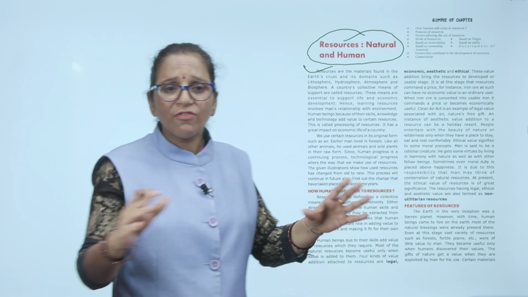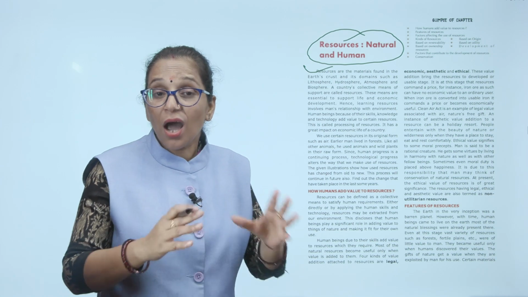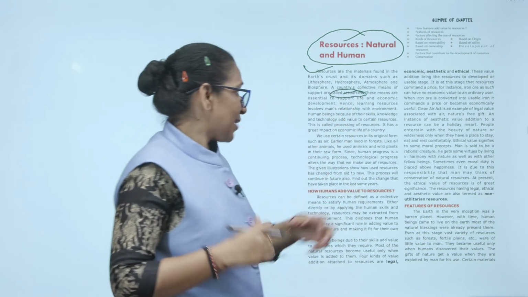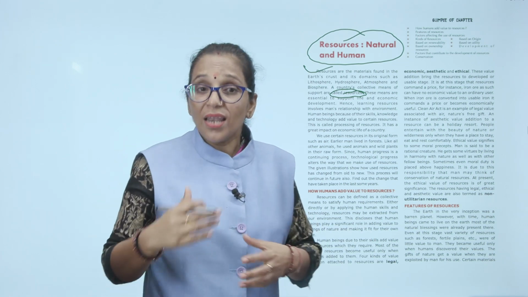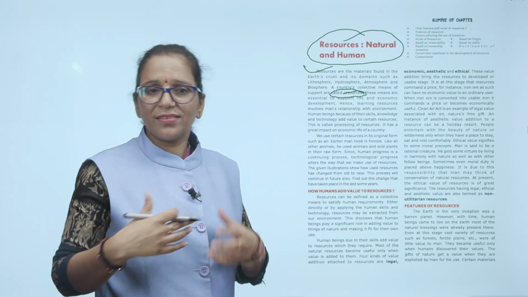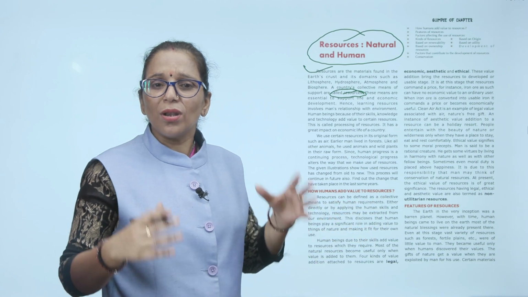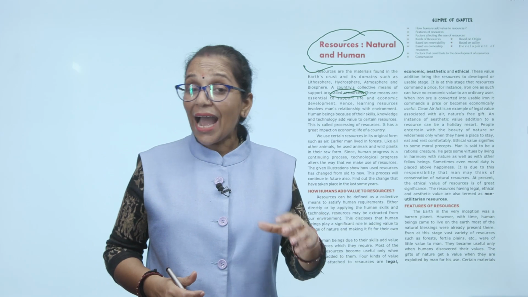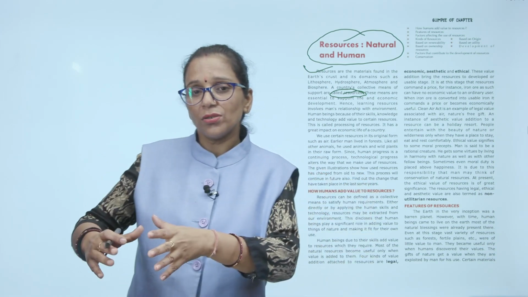A country's collective means of support are called resources. So these means are essential to support life, economic development, etc. Here we are going to learn about the different kinds of resources. See beta, when we have to convert a thing into a resource, what do we need?